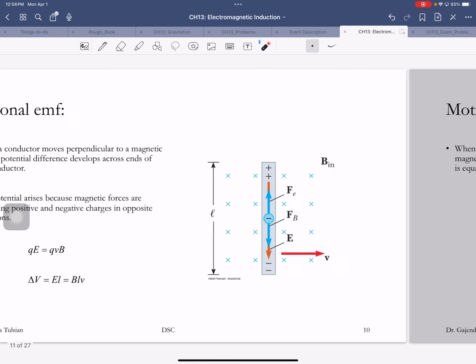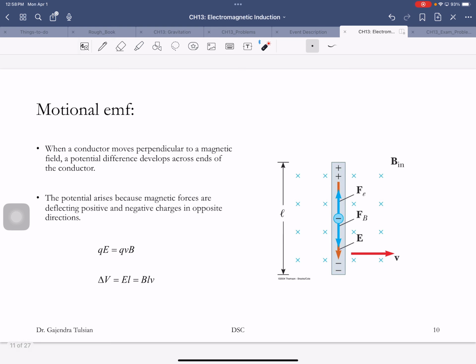And how much is the voltage across it? This is when the rod is moving perpendicular to the magnetic field. The voltage is B, the strength of the magnetic field, times L, the length of the rod that is in the magnetic field, times the velocity.